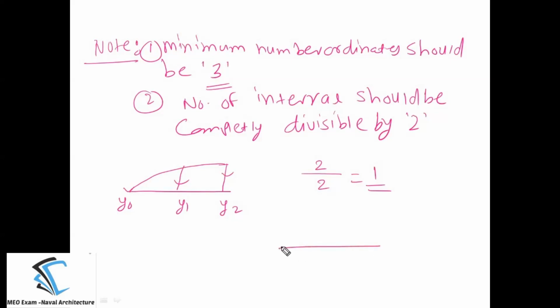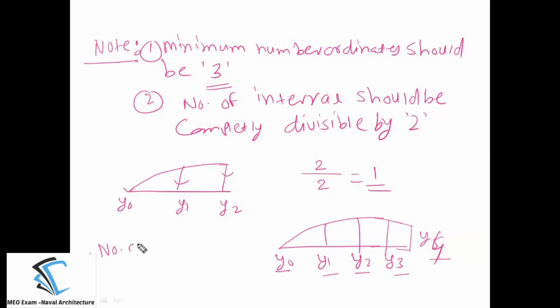I have a y0, y1, y2, y3 and y4. Now in this case I have a 1, 2, 3, 4, 5 ordinates are there. So number of ordinates minus 1, you will get the number of intervals.